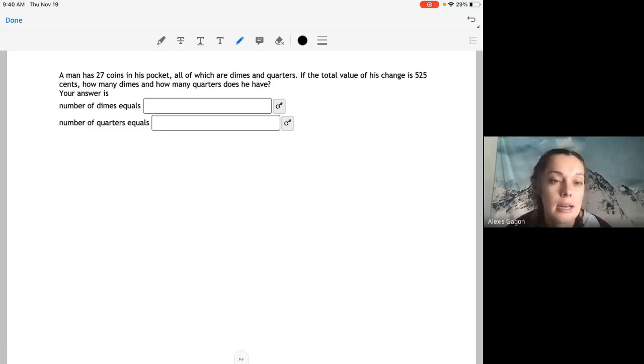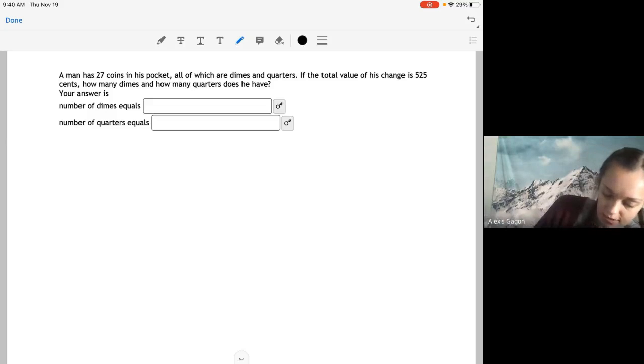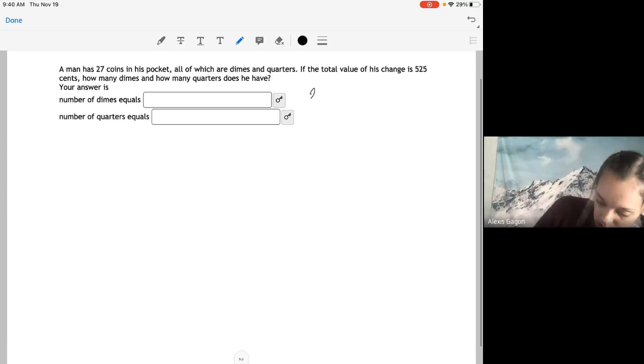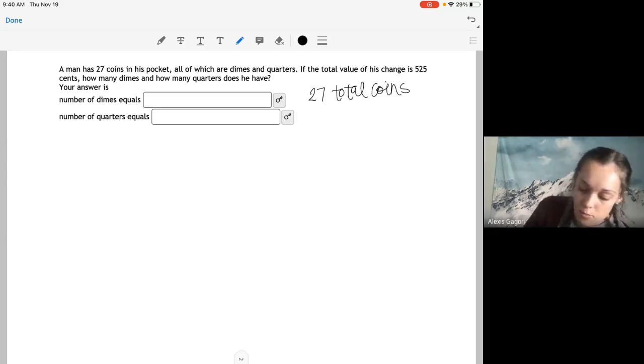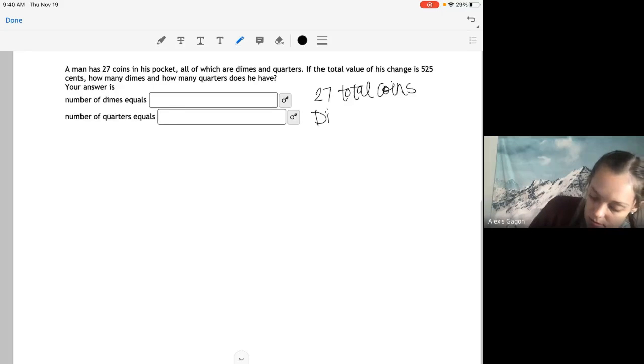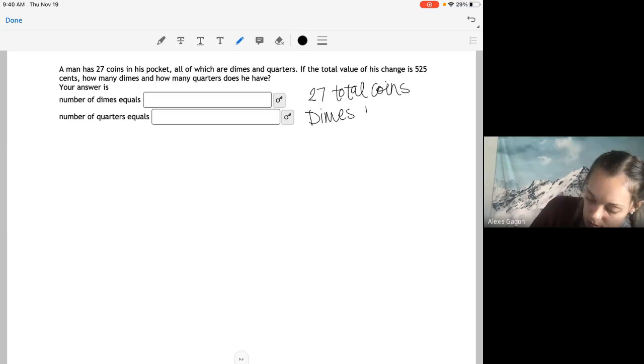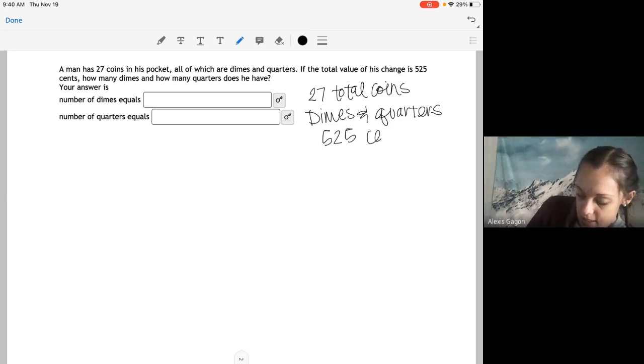So let's figure out what's important to us. He has 27 coins total, so I'm just going to write that over here. We have 27 total coins. We have dimes and quarters. And the total value of his change is 525 cents.